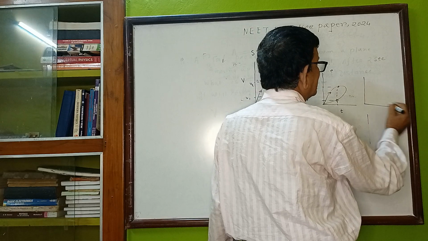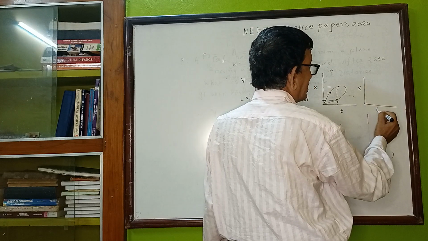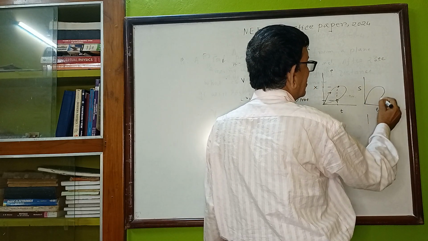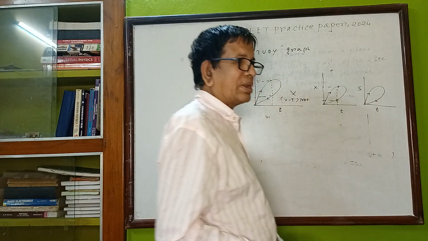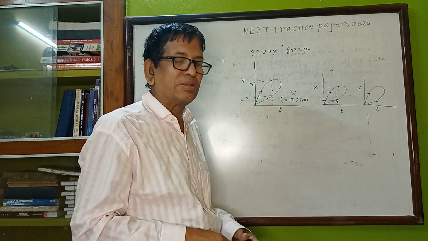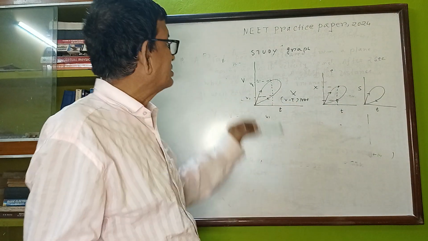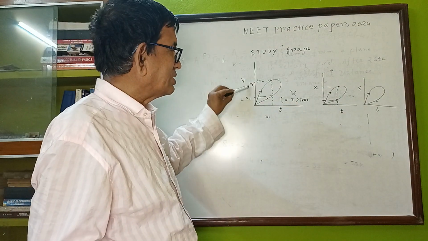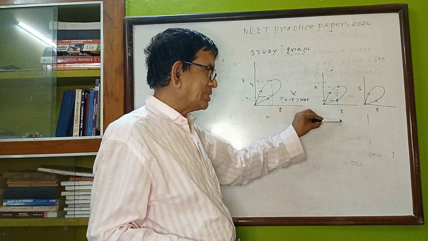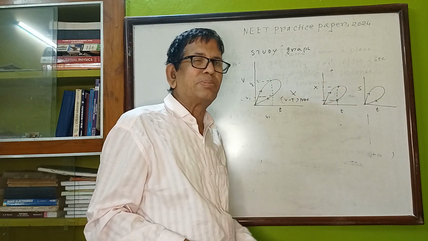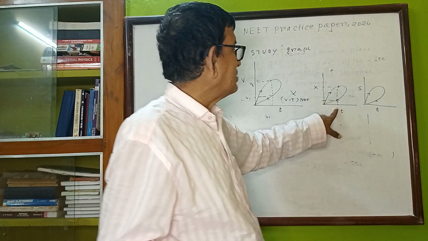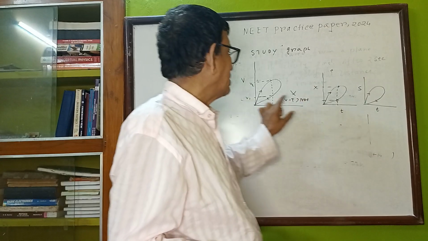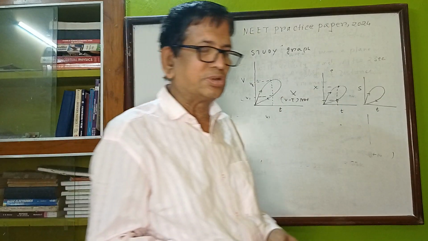If you consider speed against time, it is also not possible, because speed cannot be negative. So this graph cannot be a velocity-time graph, a displacement-time graph, or a speed-time graph, because speed cannot be negative and at the same time two displacements or two velocities are not possible.